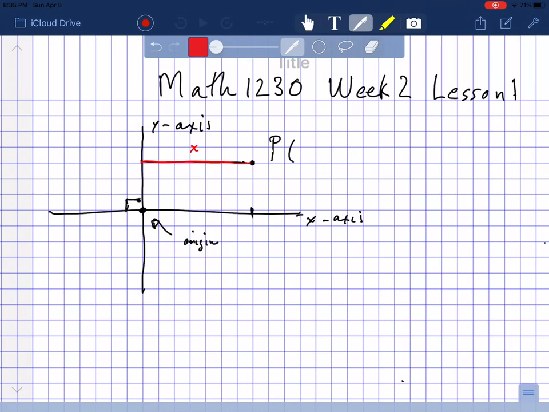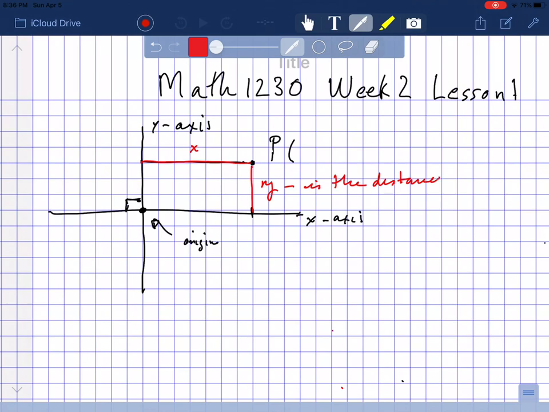I'm going to call this x. And this is directed. So if P lies to the right of the y-axis, x is positive. If P lies to the left of the y-axis, x is negative.